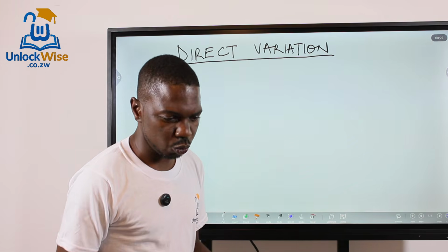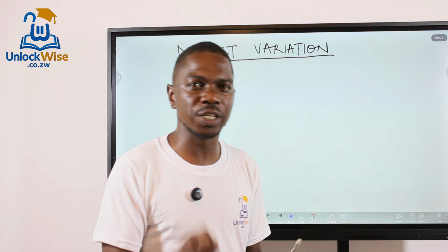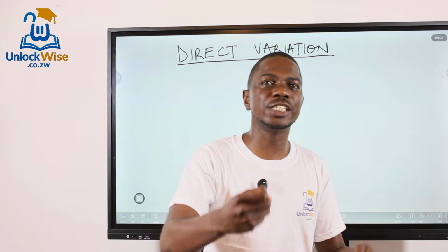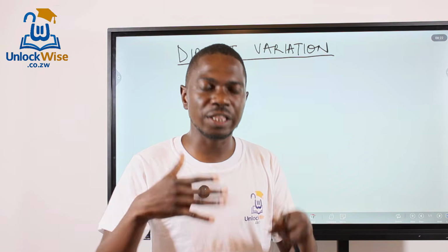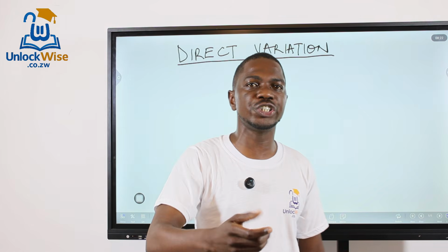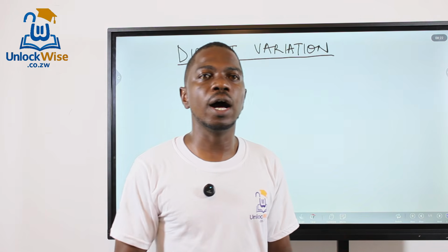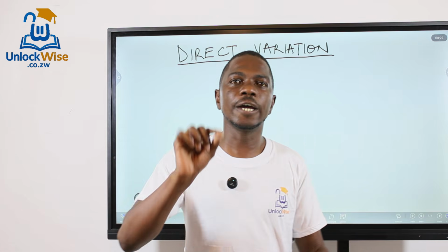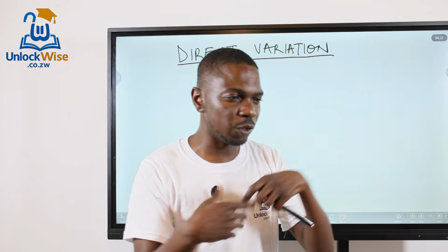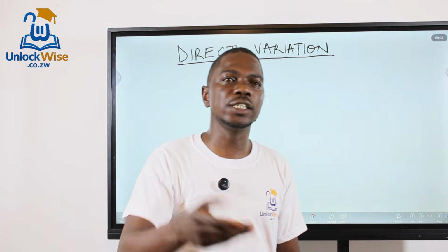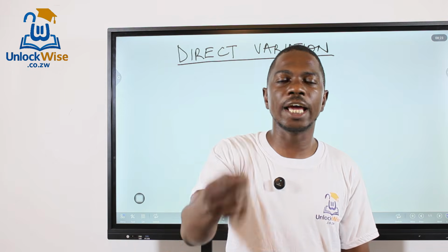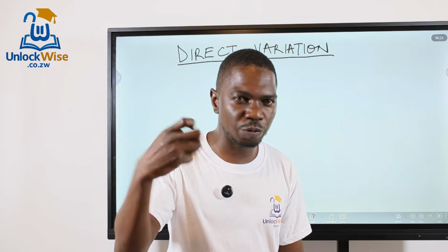What I want you to know is we can have statements, and we'll take the statement and write it in variation form, and then express it as an expression, an equation connecting the variables and a constant. Then we can be asked to find the value of the constant, and then find the value of one variable given the constant and the value of the other variable.